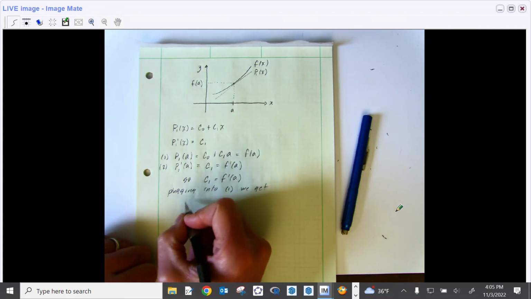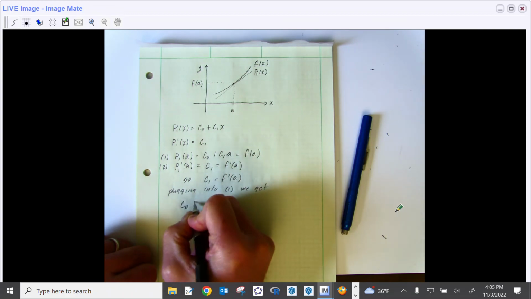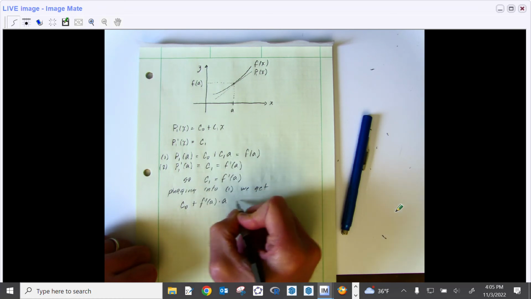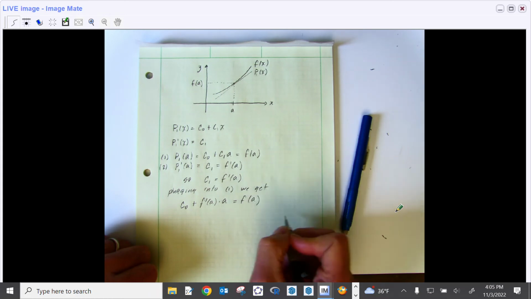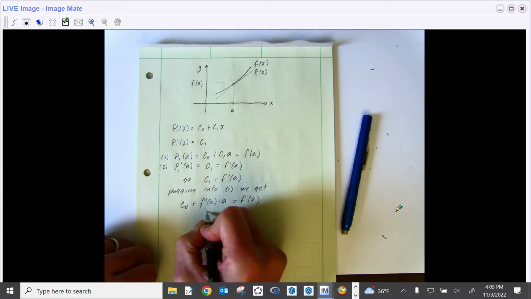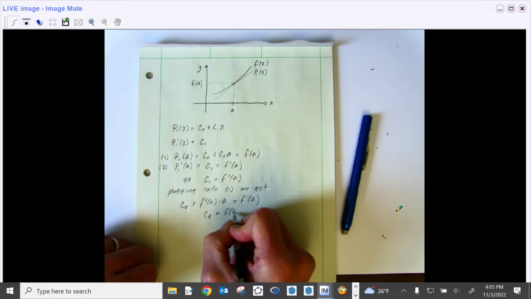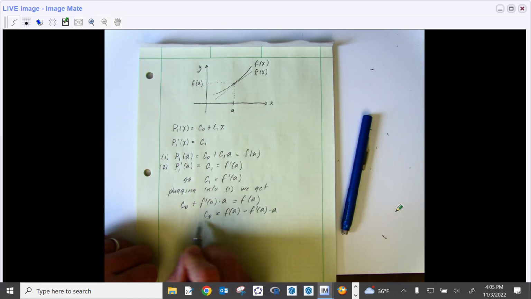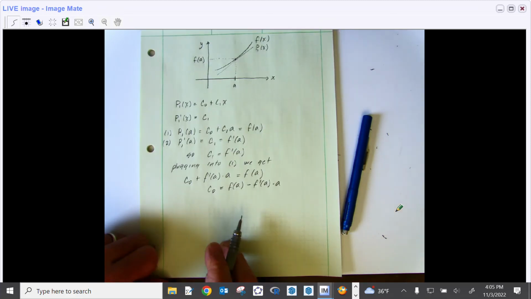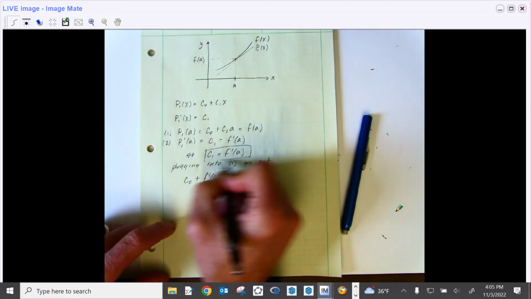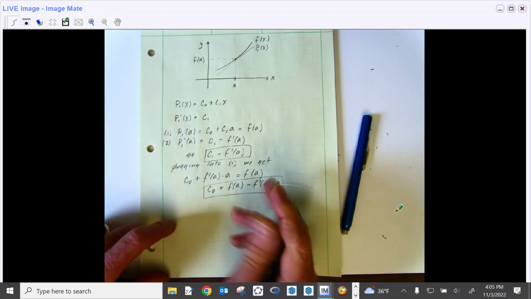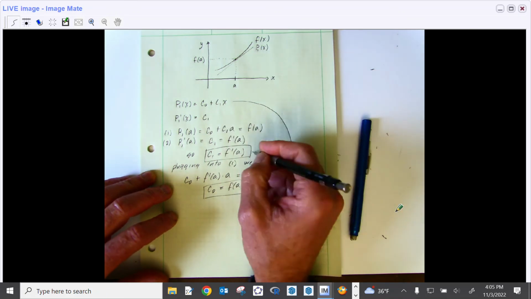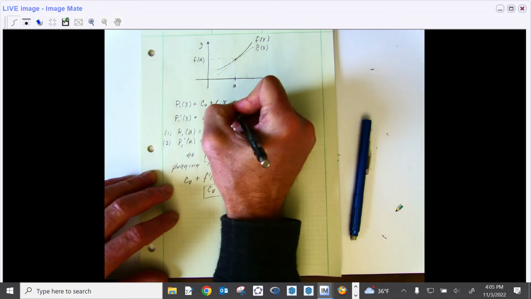So we get C0 plus f prime of a times a, and that's equal to f of a. And that means I can find out that C0 is equal to f of a minus f prime of a times a. So we've just figured out what C0 and C1 are. These two pieces right here. We can now plug those two pieces in to get a general form here, right?